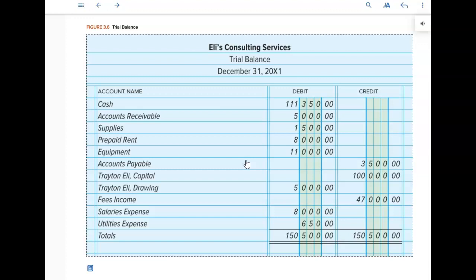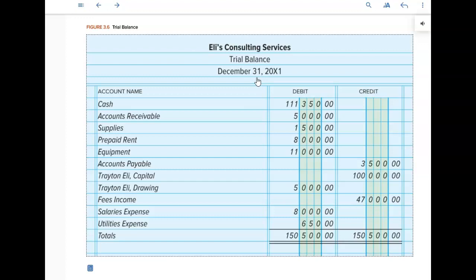First, a trial balance has a 3-line heading. Eli's Consulting Services trial balance, December 31st, 20X1. Just as an aside, I like this book quite a bit, but there are a few things that I think they could have done better. A trial balance should show a period of time.